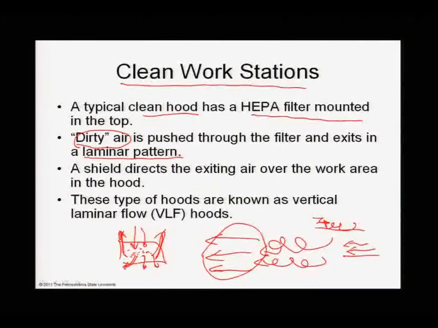The air comes in, it's clean, you're working here, and the air is exhausted, and there's no flow of any kind of chemicals or particles out into the environment. So air is purified, the flow is laminar inside, you exhaust so that no contaminants of any kind come out into the room.